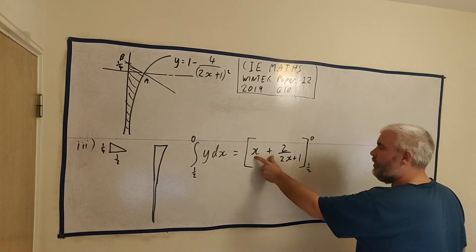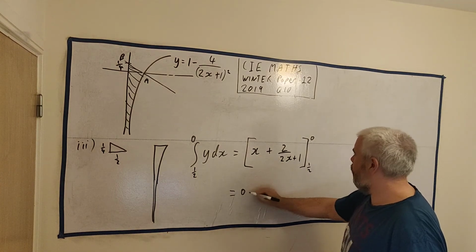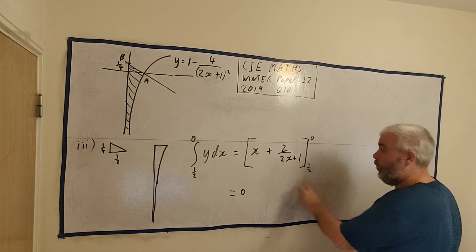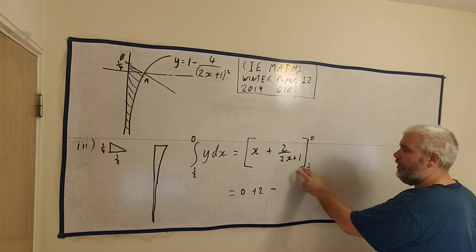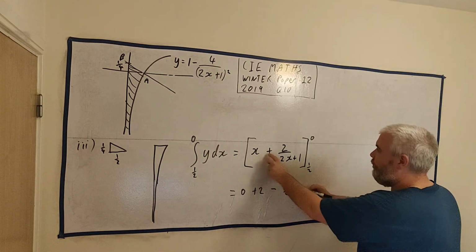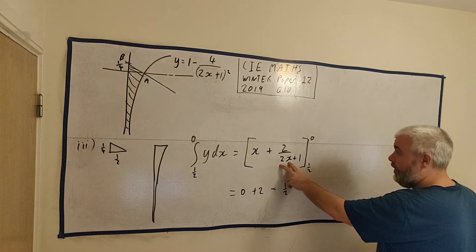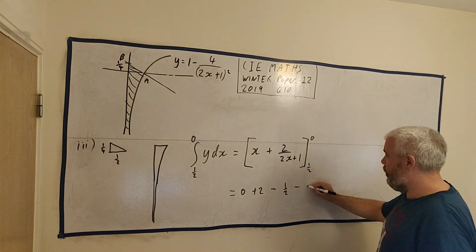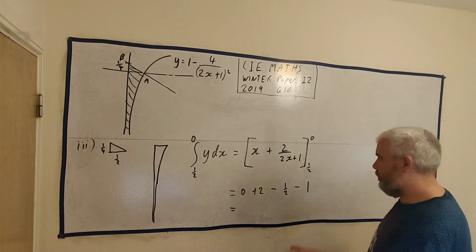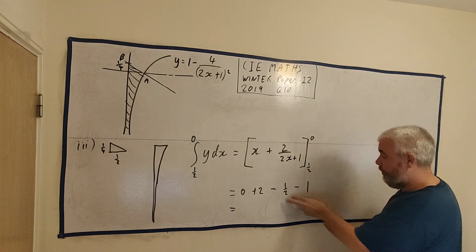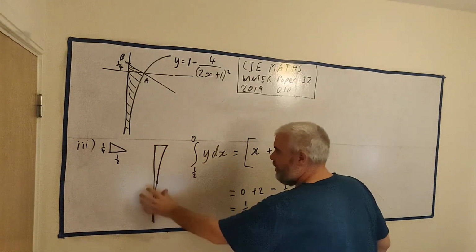We put 0 in, and 0 will go in, well, let's do it here. 0 goes in, 0 plus 2 divided by 1, so plus 2, and then minus, we put this guy in, we get a half, and then plus, we get 2 divided by 2 halves is 1, 2 divided by 2, which is 1. So let's work all that out. That is equal to 2 minus 1 is 1, minus a half is a half. So the area of this guy here is a half.